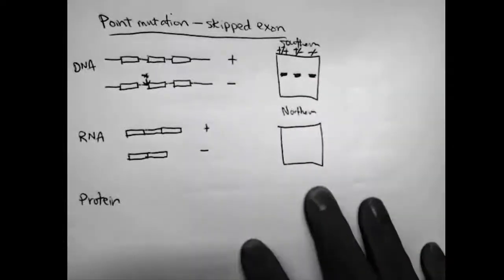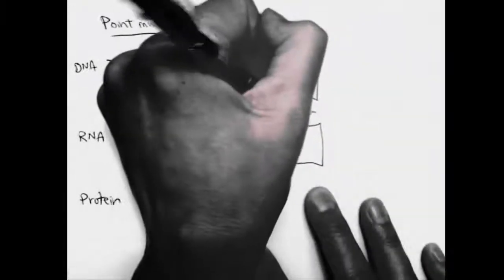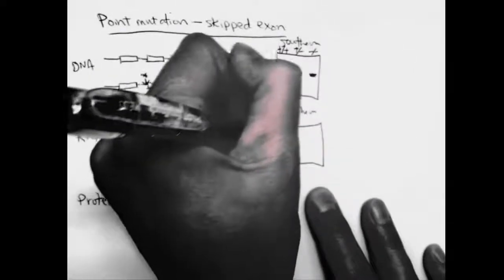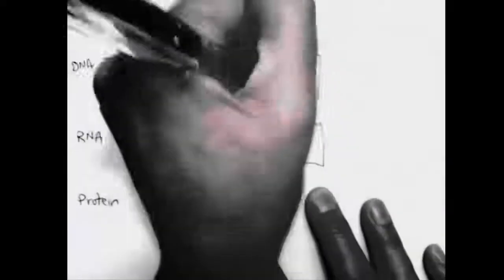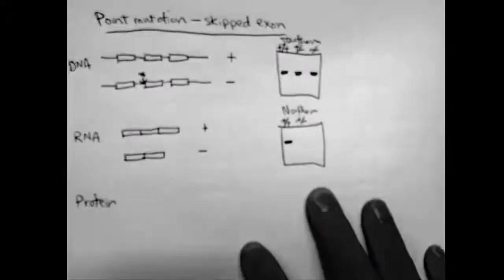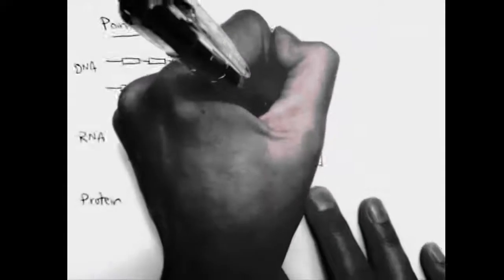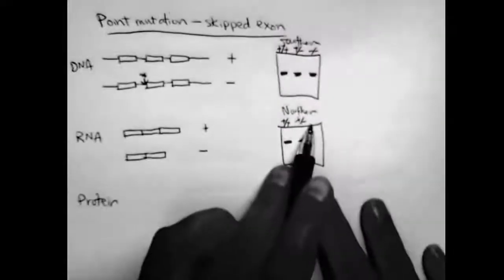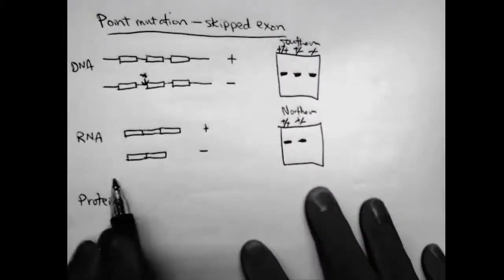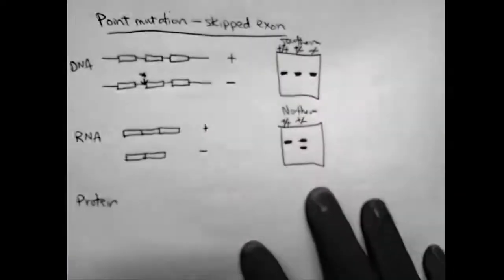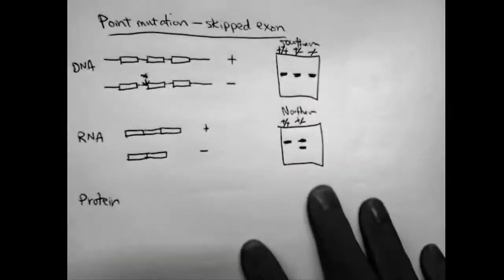If you would look at a northern blot, an individual who was homozygous wild type would have a band at a particular size. An individual who was heterozygous would have one band at the wild type size and then one band at a smaller size due to the inclusion of fewer exons in that mutant messenger RNA.